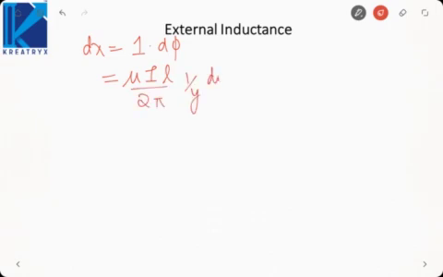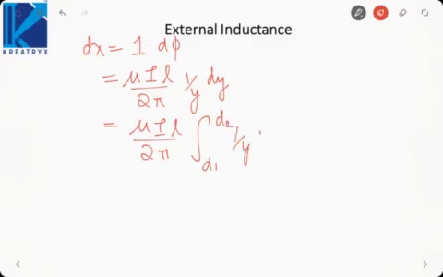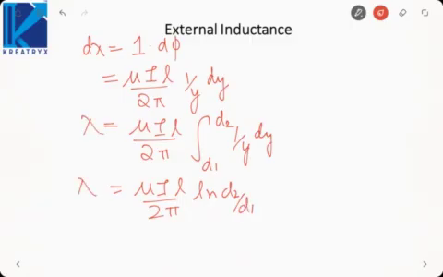Now to determine the external flux, we will integrate it from, let us say, d1 to d2, 1 by y dy. So it will be mu I L by 2 pi ln d2 by d1. Okay, that is my lambda. Now lambda by I will give me inductance. It will be mu L by 2 pi ln d2 by d1.